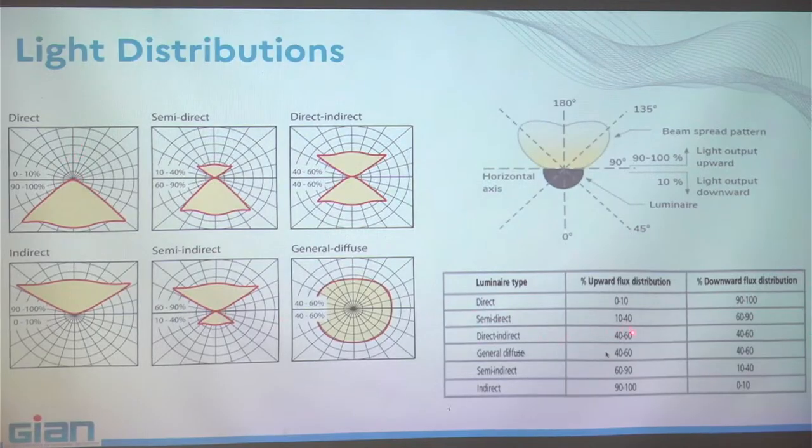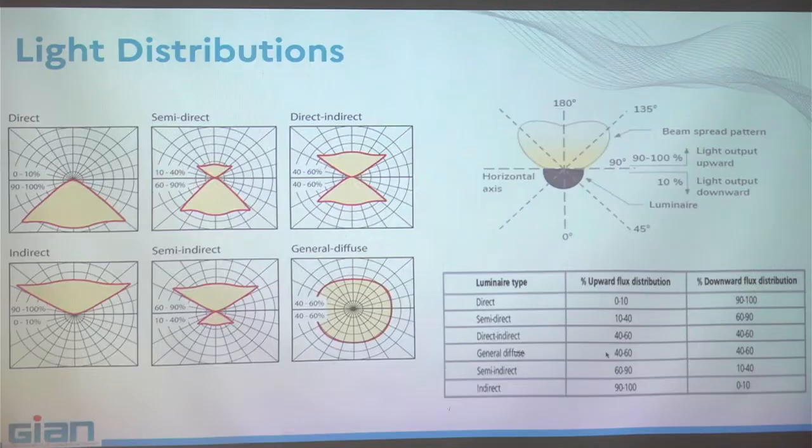If I have more than 40% of flux going upward, then I am in the configuration of semi-direct. Okay? That means if I take a catalog, I don't need to see the curves. If the manufacturer told me this is a semi-direct or a diffuse, immediately I know on average a few percent of how much is going up, how much is going back.